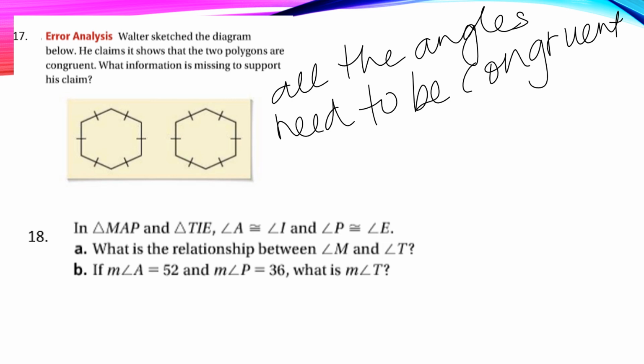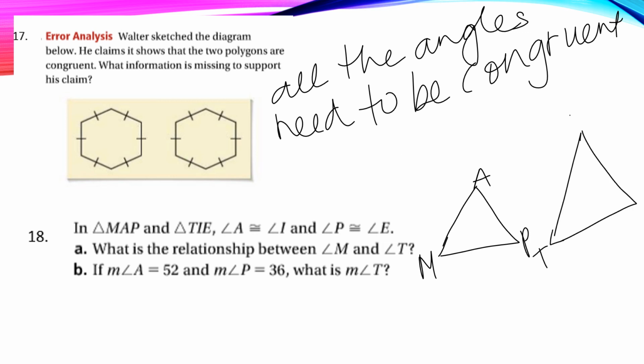Okay, for number 18, so I'm going to draw these two pictures. In triangle MAP and triangle TIE, angle A and angle I are congruent. Okay, so these two are congruent. Angle P is congruent to angle E. What is the relationship between M and T?